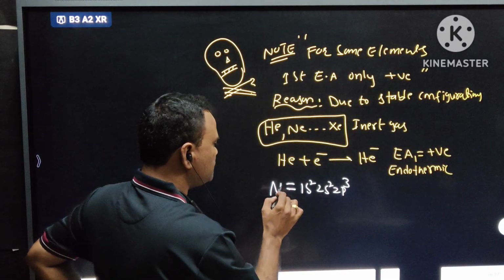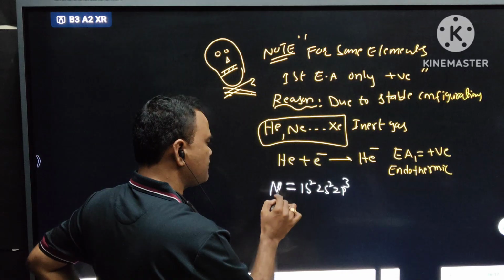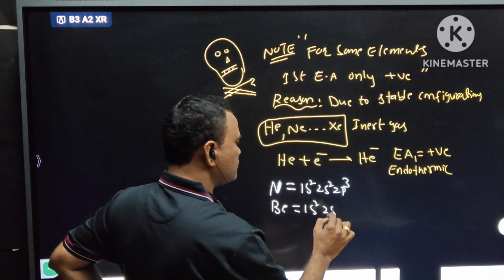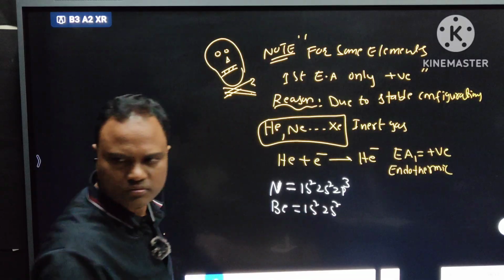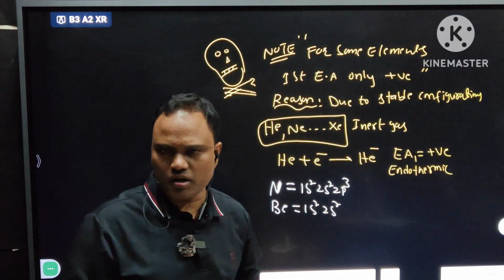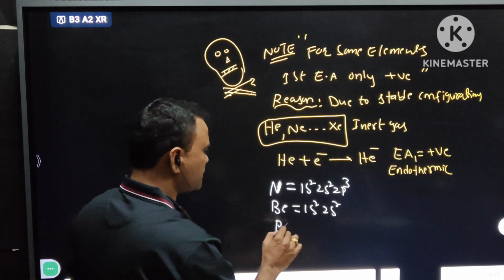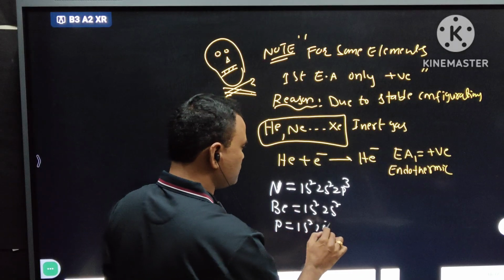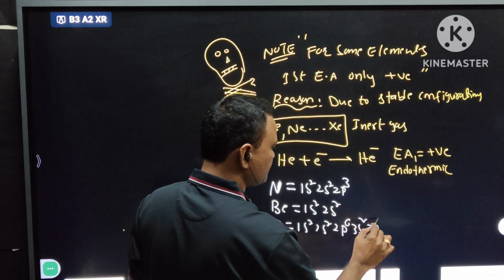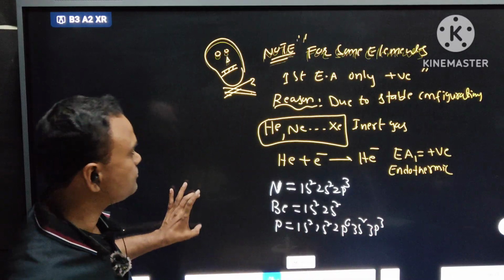Some other elements: beryllium 1s2 2s2, stable. That's why ionization energy is different, an exceptional order. Phosphorus 1s2 2s2 2p6 3s2 3p3.